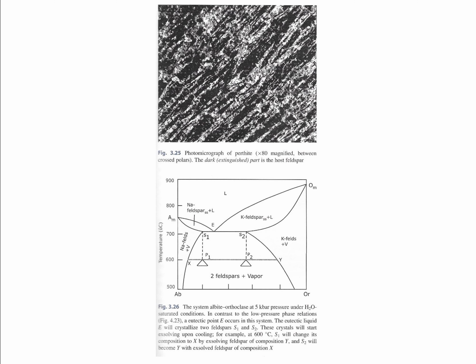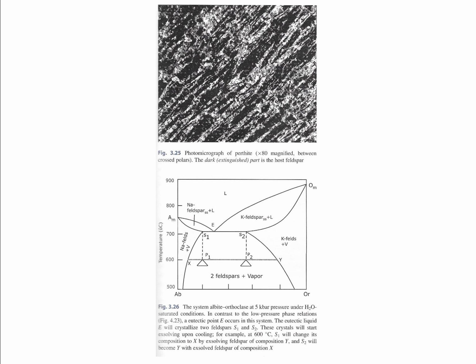So that looks then under the microscope like this. Here we have a photomicrograph of a perthite, and when we are talking about a perthite, we are talking about perthitic exsolution lamellas.